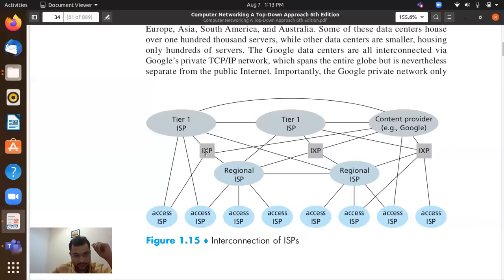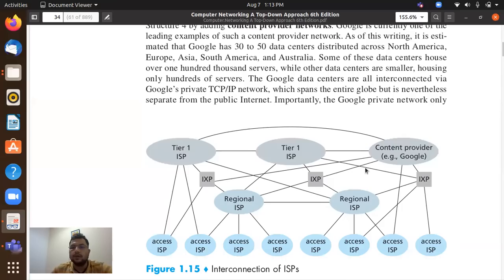So through an IXP you can have an interconnection for peering, or directly also you can have the peering concept. So the peering concept in a way reduces the cost of serving your customers. So all the companies look for it through business deals.